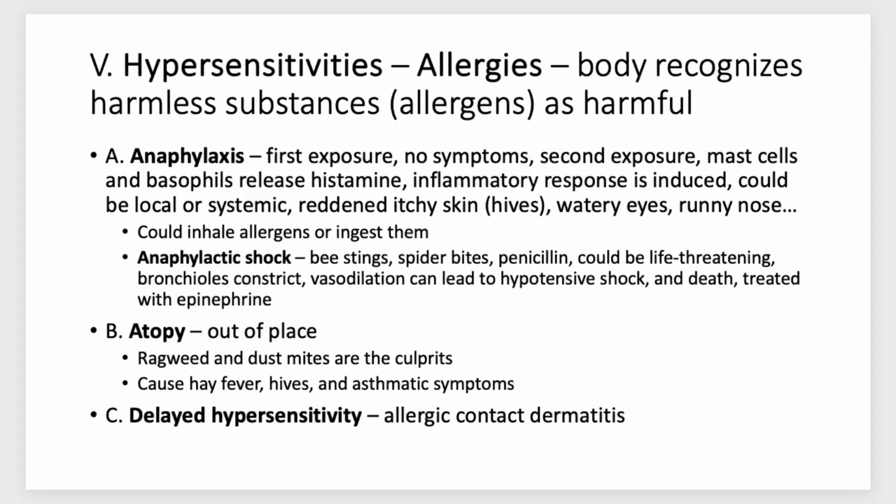So we might develop things like eczema or asthma and things of that sort. You can have delayed hypersensitivity, an example of this would be contact dermatitis, like poison ivy. It's a delayed reaction, so it might take a day to 2-3 days before you see the reaction actually occur.